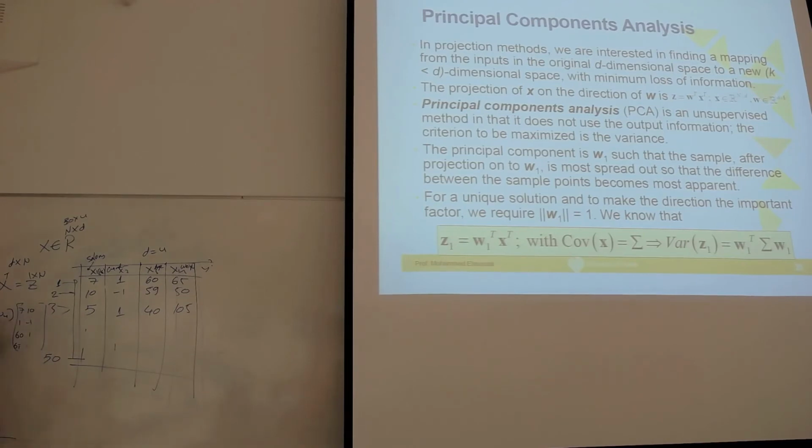So this will be 1 row by 4 elements, and this one will be 4 rows by 100 columns. The result will be 1 by 100. So Z is 1 element by 100.